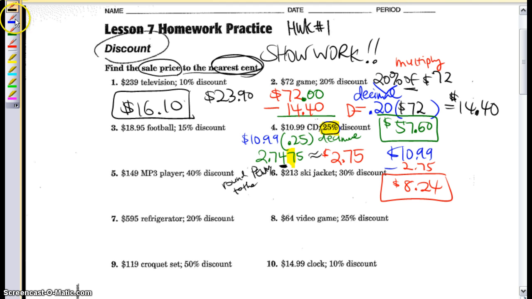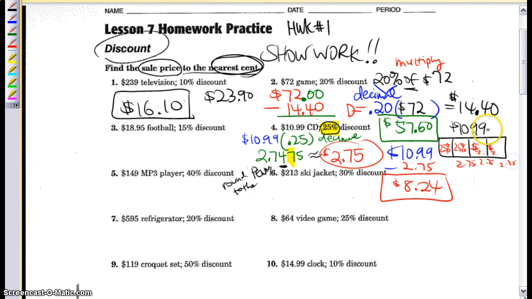Now another way, and I wanted to point out that 25%, rather than multiplying $10.99 with 0.25, if I were to draw a bar and say that the entire bar is $10.99, and I want to split it up so that the bar represents 25%, then I would be dividing this bar into 4 pieces. And because I'm dividing into 4 pieces, each piece would be 25%, which is also a specific amount of money, which we calculated as $2.75 approximately.